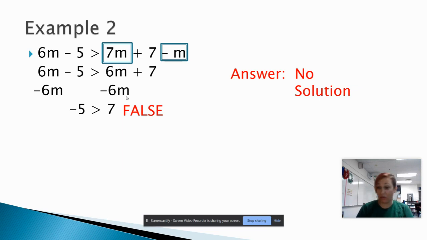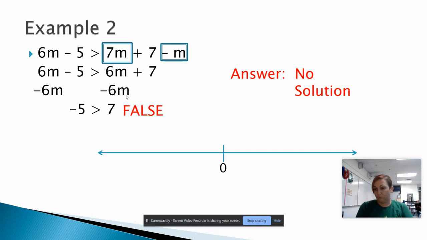Now, if I ask you to graph this, you're going to draw your number line. And again, you don't need to include the numbers -5 or 7 because we're not going to start there in shade. And I like to put the number 0 for a reference point. And then if I want to indicate that there are no solutions to this answer, that means that no numbers on the number line are answers, then that's it. I just leave an empty number line. You don't want to put any circles.